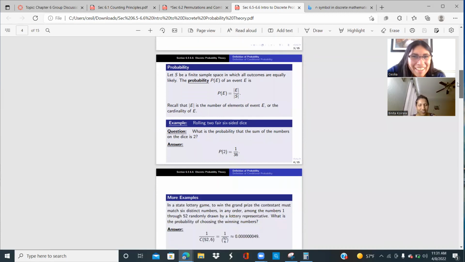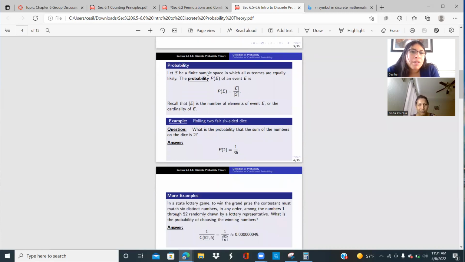Okay, so let S be a finite sample space in which all outcomes are equally likely. The probability P of E of an event E is P(E) = |E| / |S|. Recall that |E| is the number of elements of event E, or the cardinality of E. Suppose in this example we have 2 fair six-sided dice.